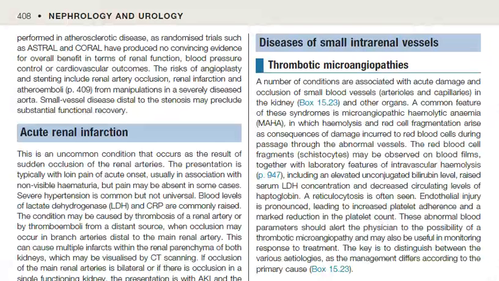The risks of angioplasty and stenting include renal artery occlusion, renal infarction, and atheroemboli from manipulations in a severely diseased aorta. Small vessel disease distal to the stenosis may preclude substantial functional recovery.